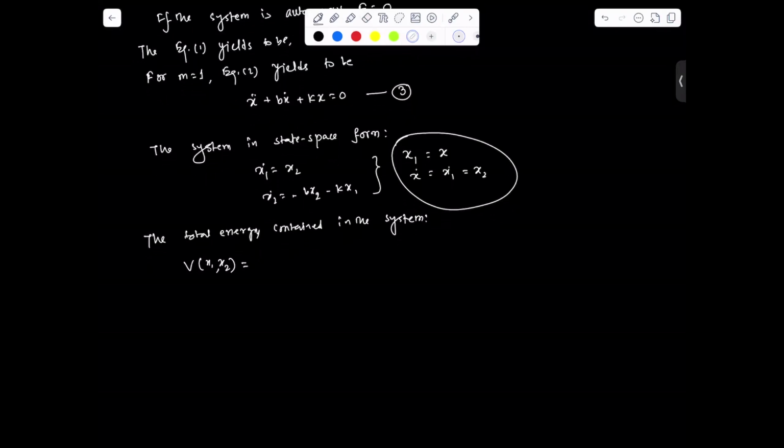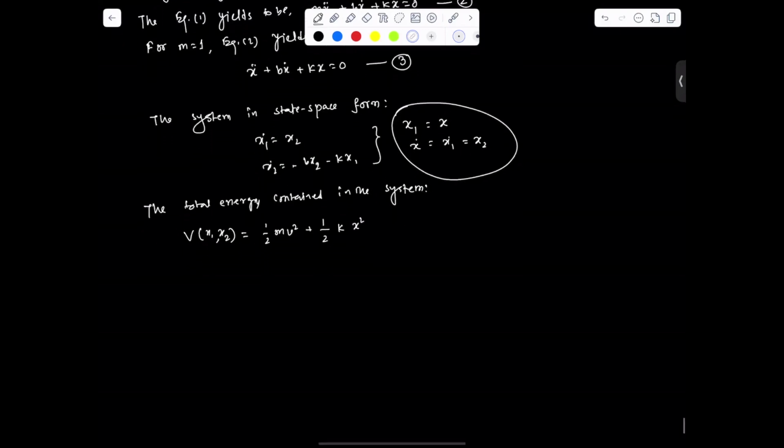Now we are defining it by V, and we can write half m v square plus the potential energy, half k x square. Since we are assuming m to be 1, we can write half v square plus half k x square.